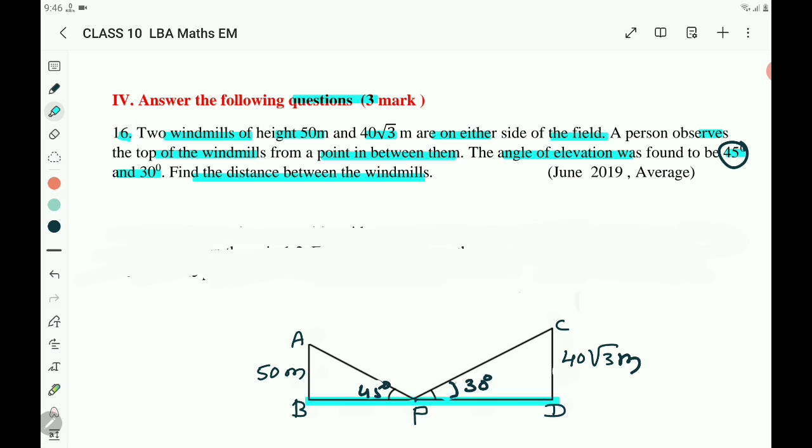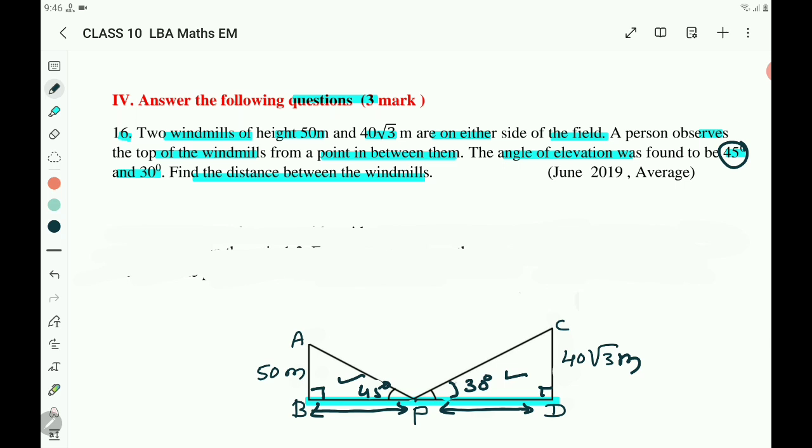Now you take the triangle ABP. You know that windmills are perpendicular to the ground. So the angle B and angle D are right angle triangle. Here we have to use the trigonometric ratio and in the first step we have to find BP and next we have to find out PD. To find BP, use the right angle triangle ABP.